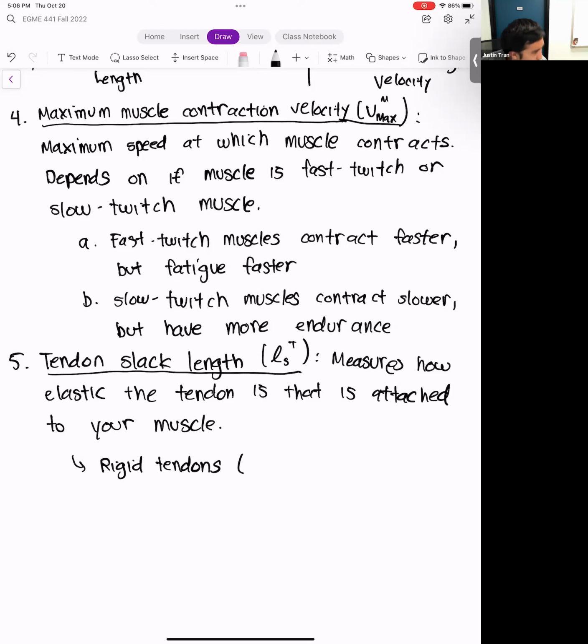So rigid tendons tend to have a small slack length. And so rigid tendons, they have the property where they're almost not there. So when the muscle exerts a force and contracts, a rigid tendon will transmit that force almost directly to the limb. Okay.